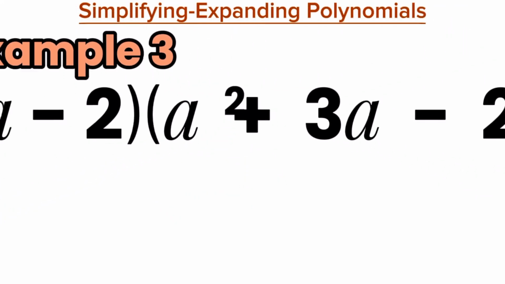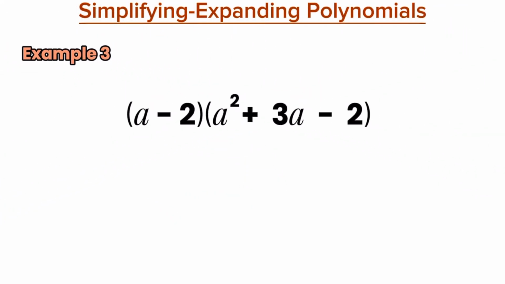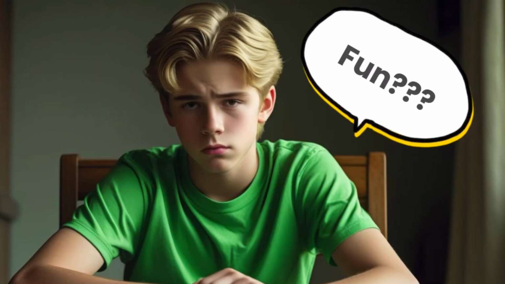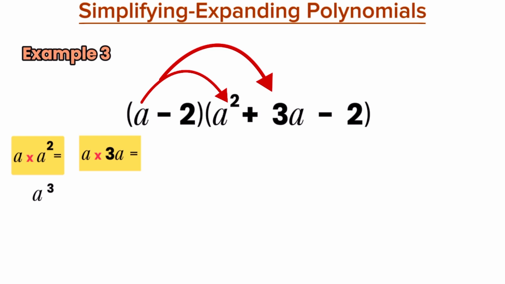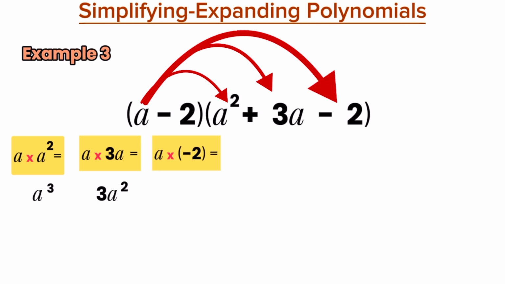What the heck. Let's expand this expression here, just for the fun of it. Again, the process is the same with all polynomials, no matter how large. So that's a times a squared to give a to the power of 3, a times 3a to give 3a squared, and a times negative 2 to give negative 2a.